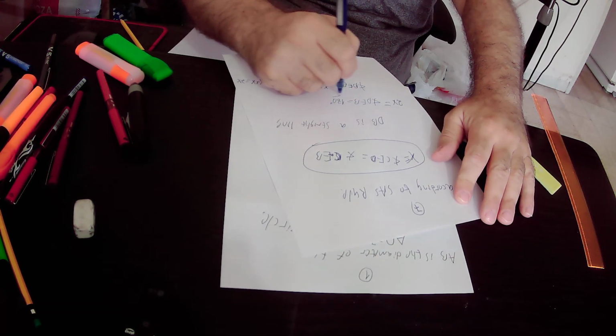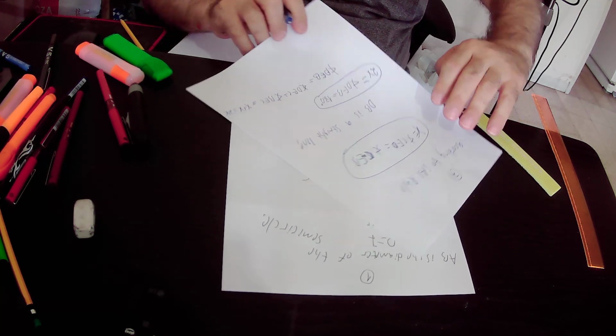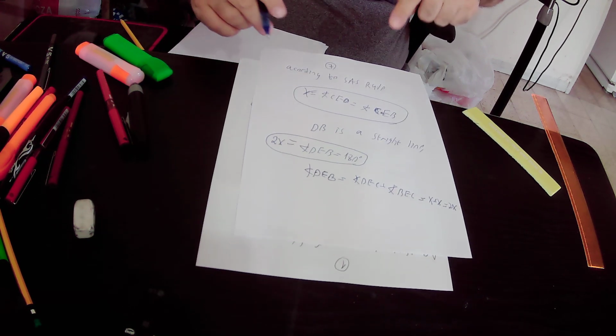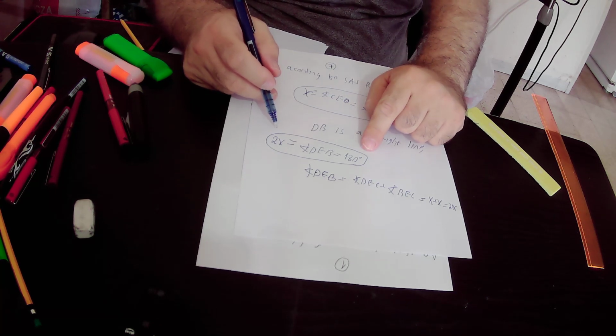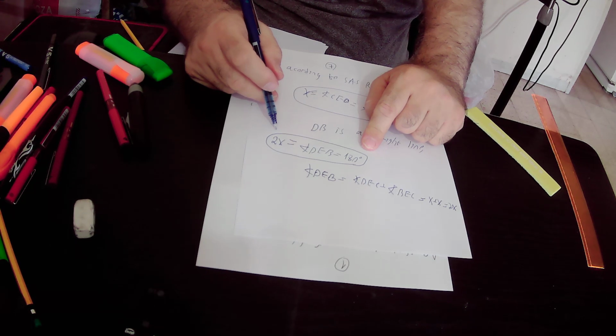So we have here an equality that states that angle DEB equals 180 degrees and also equals 2x. So from this equality we can deduce that 2x equals 180 degrees.